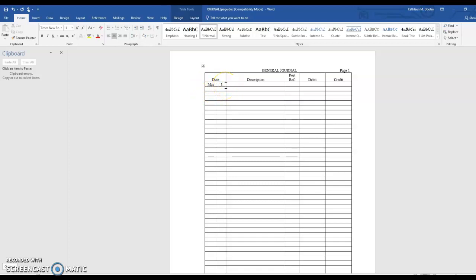The rest of the transactions only have the actual date. You have to remember that debits come first, credits come second. Okay, so in this case, cash, we said we were going to debit cash for $5,000. We also need either a .00 typed in or a dash.